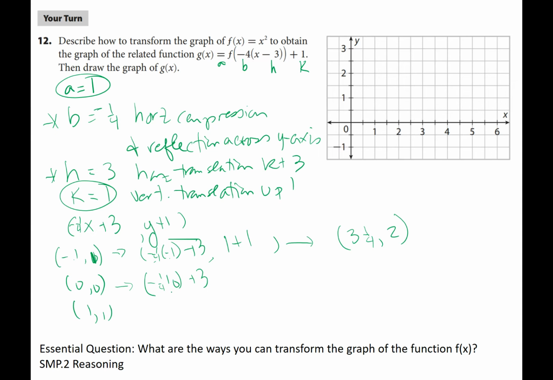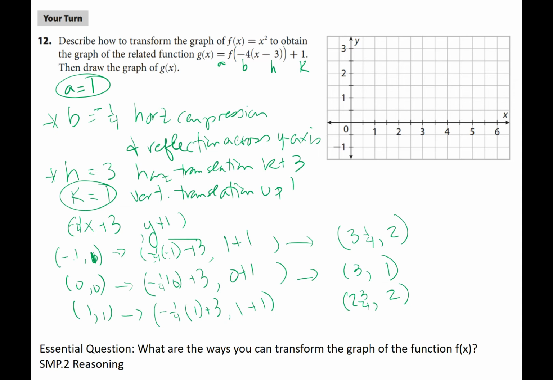Negative 1/4 times 0 is 0, plus 3 is 3. And we substitute the 0 in for the y, so 0 plus 1 is 1. And then we've got negative 1/4 times 1 plus 3. Negative 1/4 times 1 is negative 1/4, plus 3, so 3 minus 1/4 would be 2 and 3/4. And then we plug a 1 into the y, and 1 plus 1 is 2.